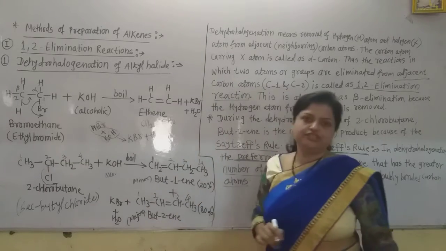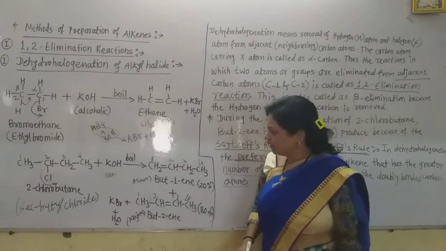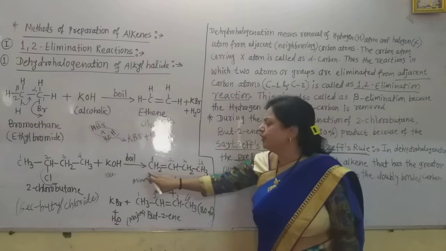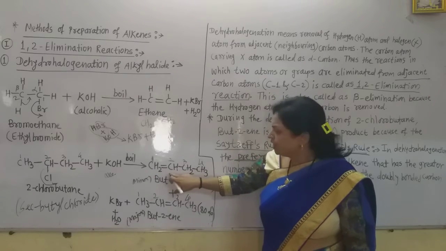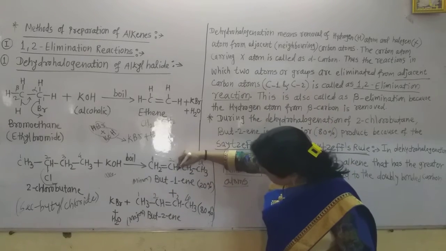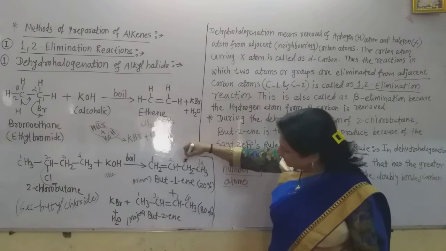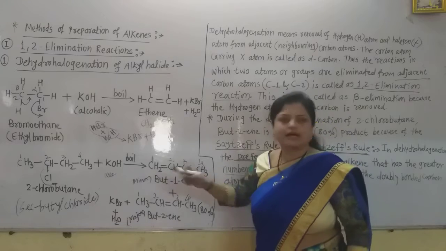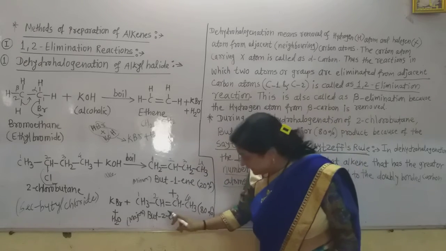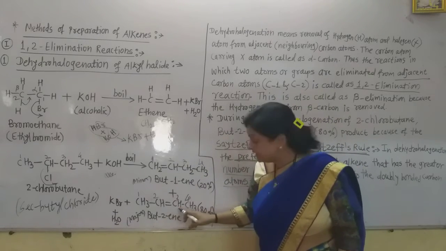Now see here in these two different products. This is the doubly bonded carbon atoms in the first. Only on this second carbon atom there is one alkyl group, an ethyl group, but here both are hydrogens. But in this doubly bonded carbon atom, what is there?